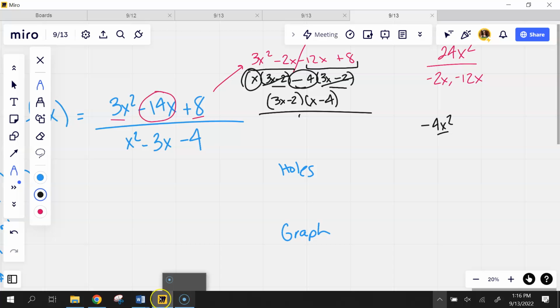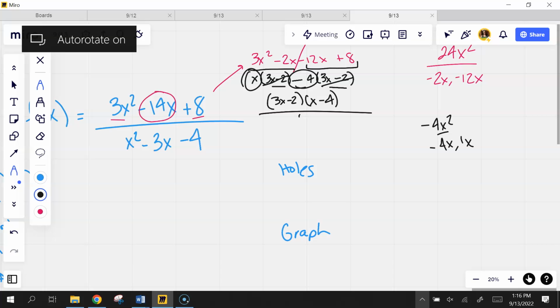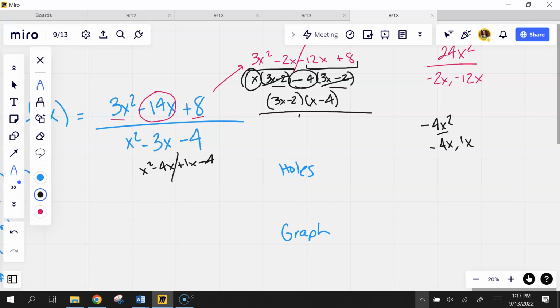Two x and 1x multiplies to 2, not negative 4 and positive 1. Write it in and slash it. So I've got x squared minus 4x plus 1x minus 4.